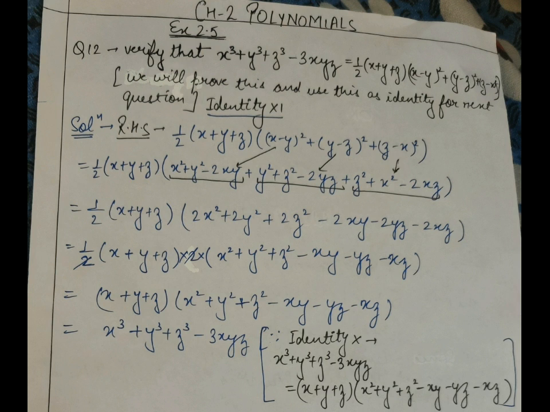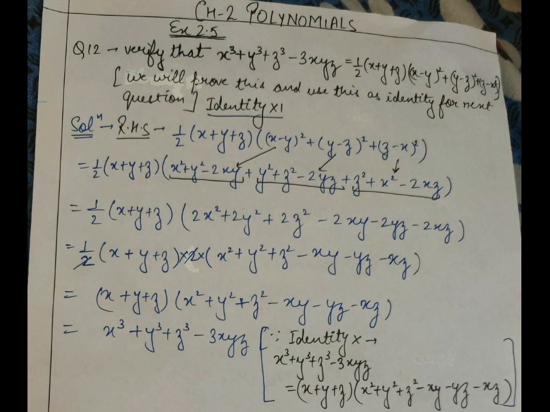As you know, in our RHS, according to the question, it is given to us that half into x plus y plus z into x minus y whole square plus y minus z whole square plus z minus x whole square. Now in the next step you can see that we have first solved our second bracket, in which we have solved x minus y whole square, y minus z whole square, z minus x whole square according to identities.